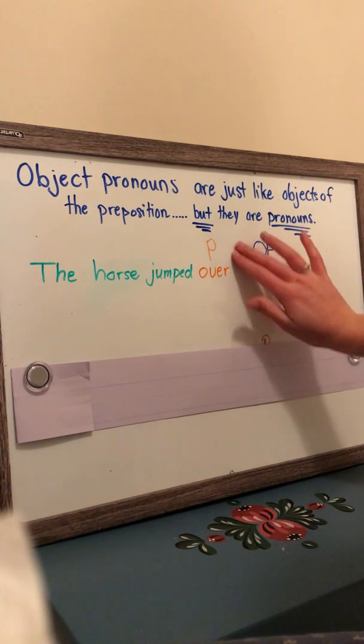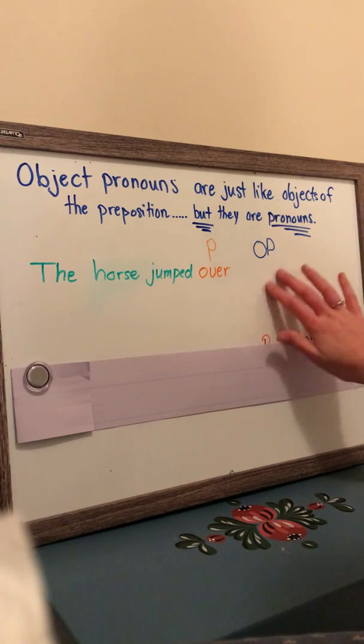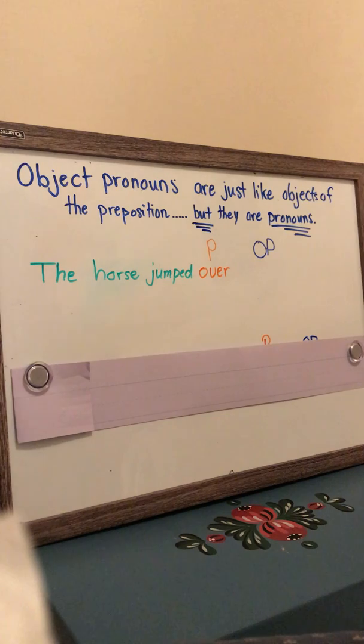I'm going to erase the gate and come up with a pronoun that we can fill in there. Now, if you paid really good attention in your jingle that you listened to on the YouTube clip, what were some of those object pronouns? Can you think back to them?